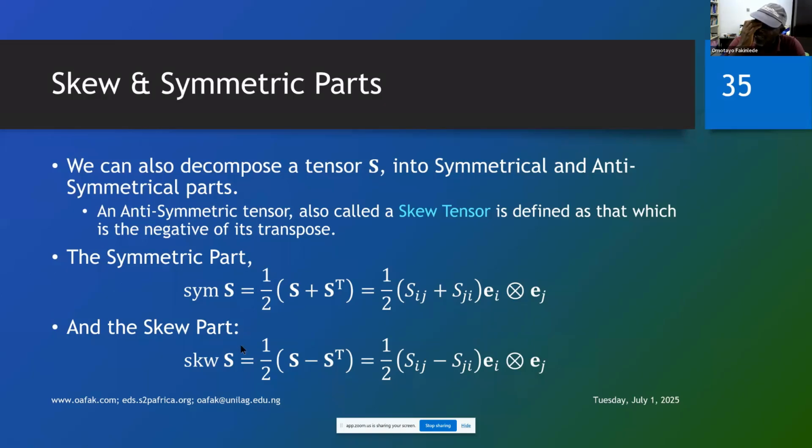Then you wonder, why are you doing it? Oh, it is easier to work with the symmetrical and skew tensors than to work with the original tensor. It is easier to work with the spherical and deviatoric part than to work with the original tensor. It is easier to work with the components, the 9 dyad components, than to work with the original tensor.